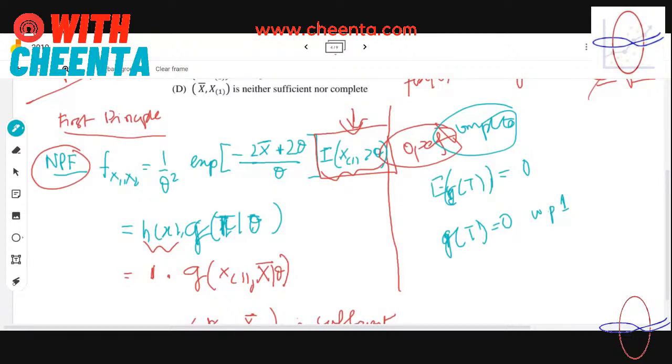So can you tell me whether x bar comma x1 is a complete statistic or not?